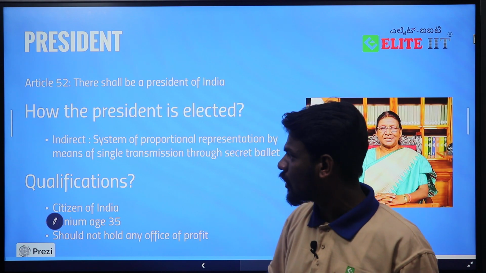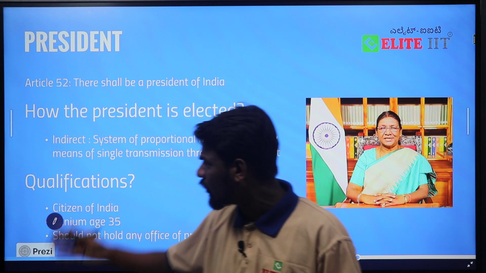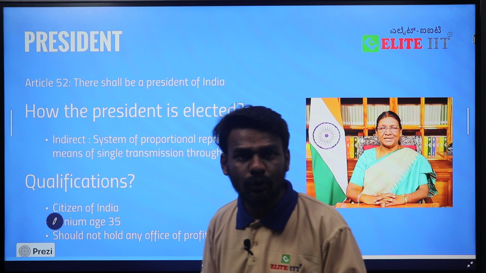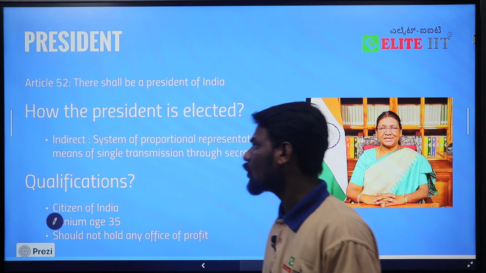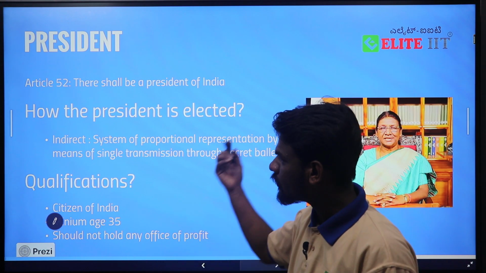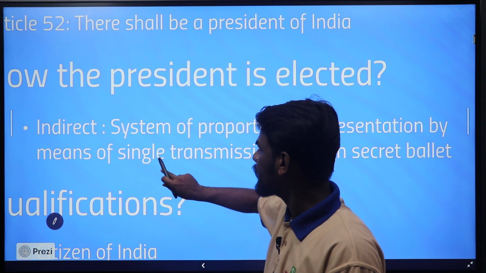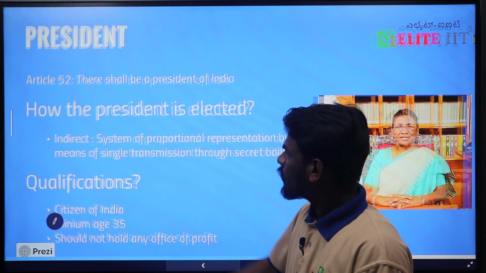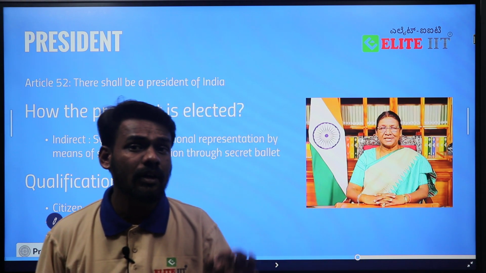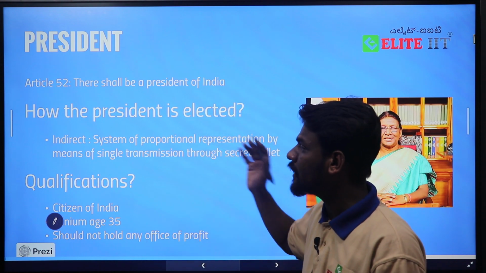And who will elect? What is the procedure of the election? Not all citizens have the right to vote in the president election, right? Not everyone will vote in the president election, correct? So what is the nature of the president election? It is an indirect election. Indirect election means normal citizens have no right to vote in the president election.